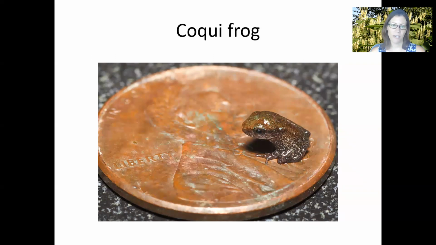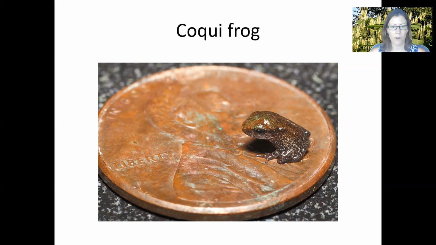It's native to Puerto Rico. It is invasive in Hawaii, and I guess it's now becoming invasive in California as well. It was introduced as a contaminant or hitchhiker on nursery plants that were grown in Puerto Rico or Florida and shipped over to Hawaii or to other parts of the world.